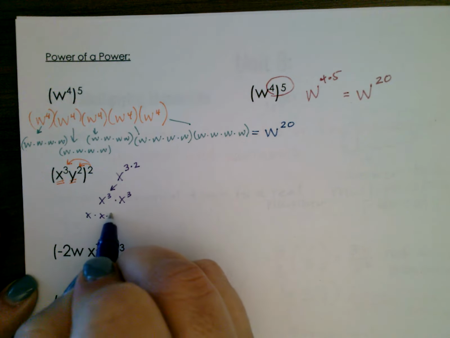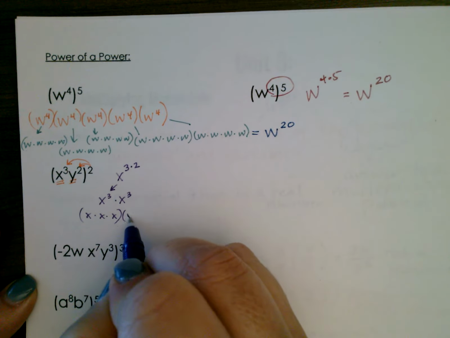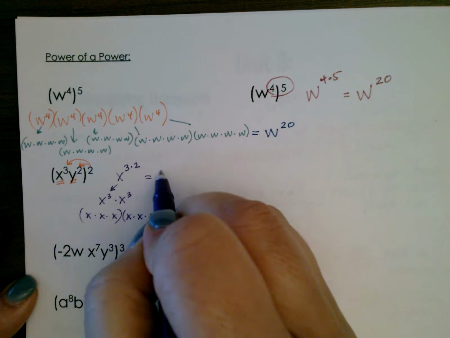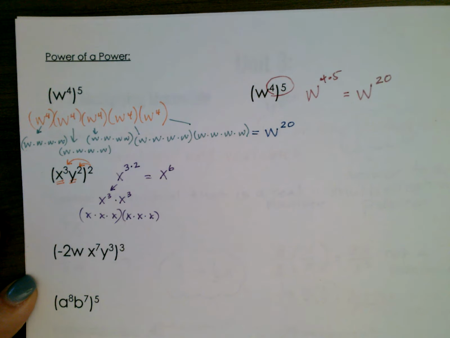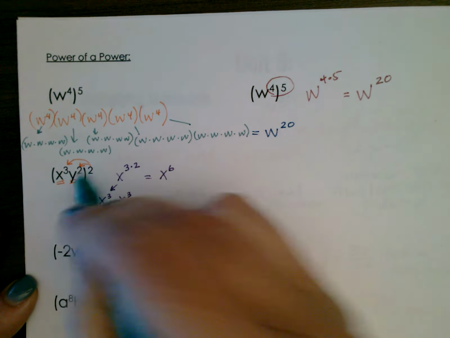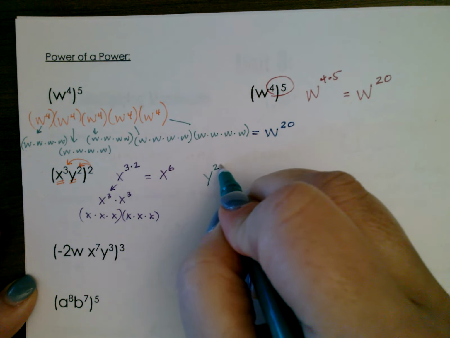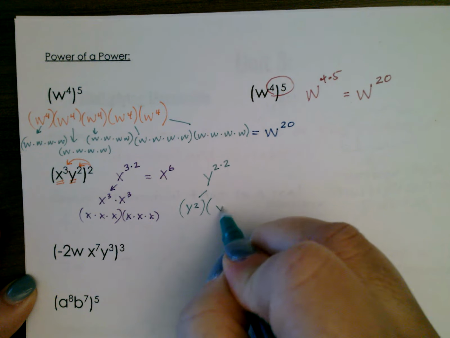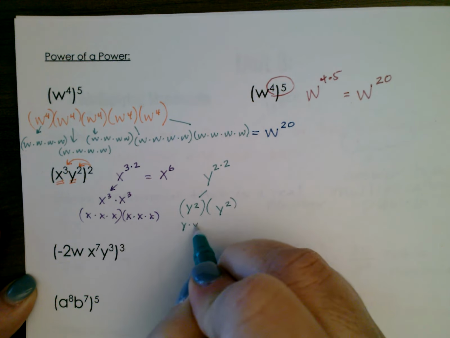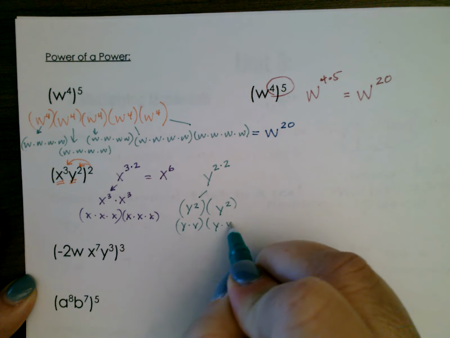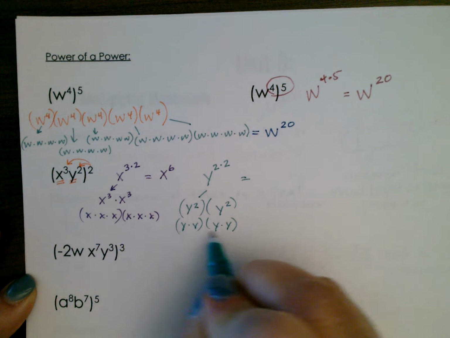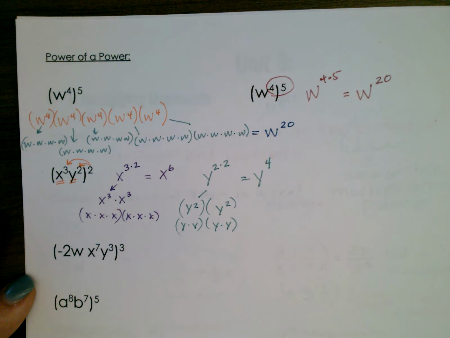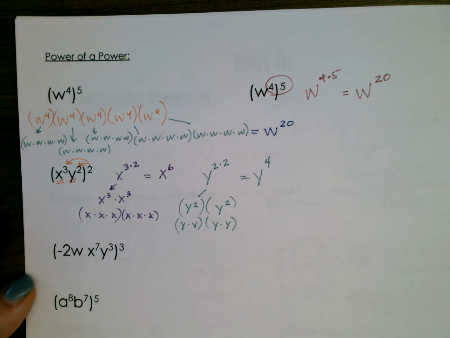We know each of these is really 3 x's being multiplied together, so I would get a total of x to the 6th. Then I would do the same thing with my y's, because we know it's y squared times y squared, which is really y times y here, and y times y here, for a total of 4 y's being multiplied together.